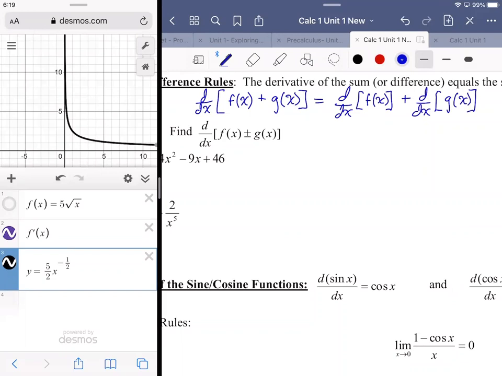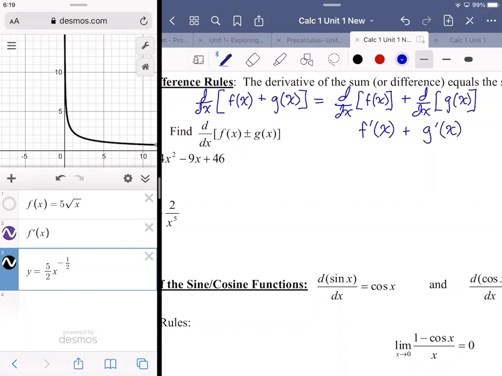Now, sorry, frog in my throat. D dx of f of x, the derivative with respect to x of f of x, can also be written as f prime of x. D dx of g of x can also be written as g prime of x.